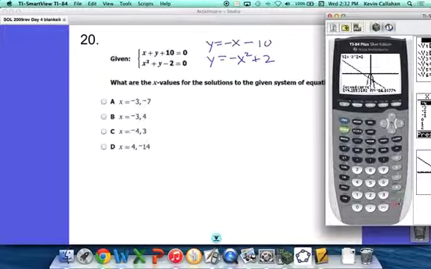Enter, enter, enter. 4. So those are the 2 points. So remember how to zoom in, zoom out. How do I make it go back to where I was before? Zoom 6. Remember, zoom 6 gets you back to the middle. All right, so zoom 6. So the answer was B.